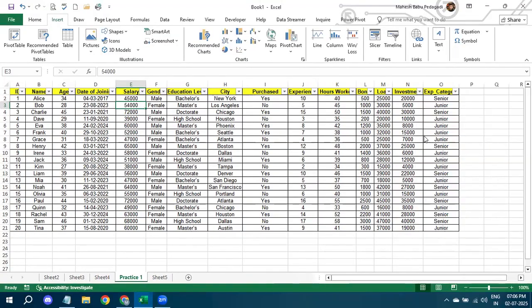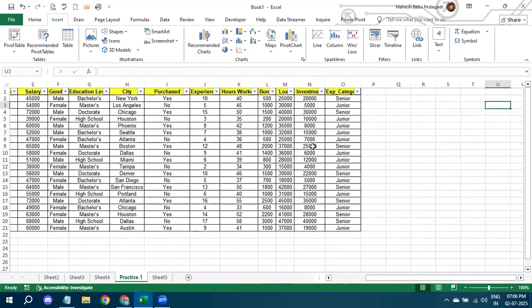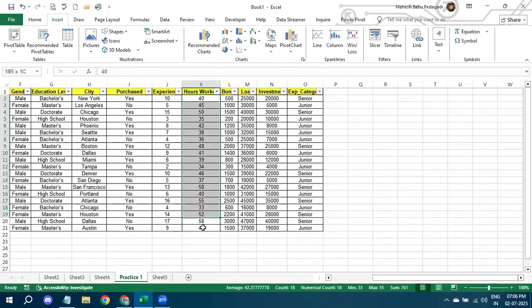Okay, Karthik. Think that these are the marks of a student. How can you say a student has passed or failed? In that condition, it's given that a score of 50 or more is a pass. Okay, then we can say the student has passed or failed.